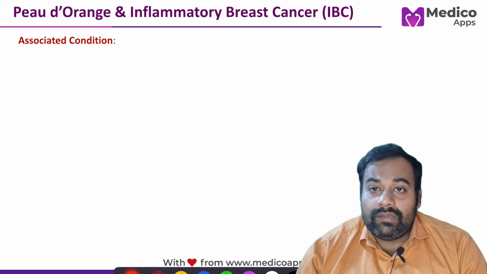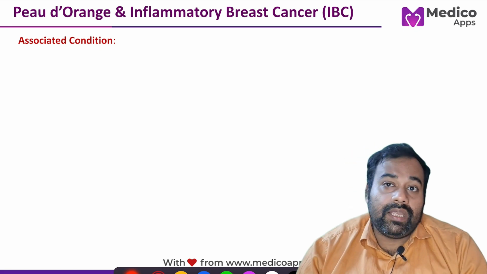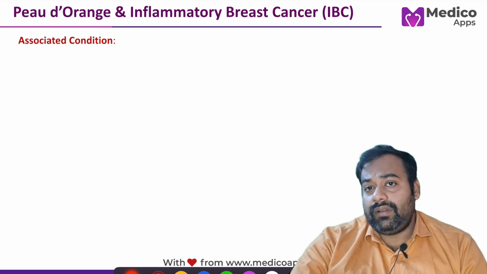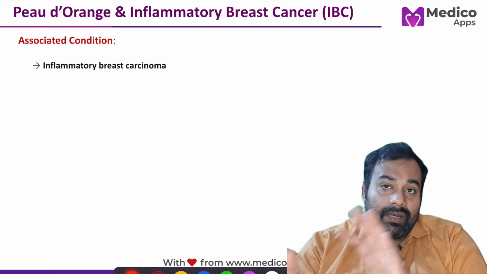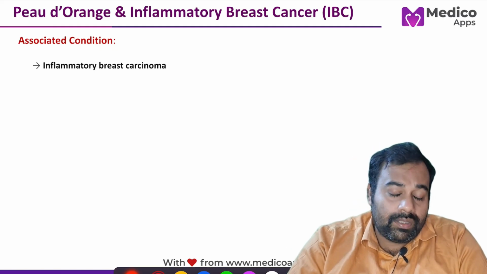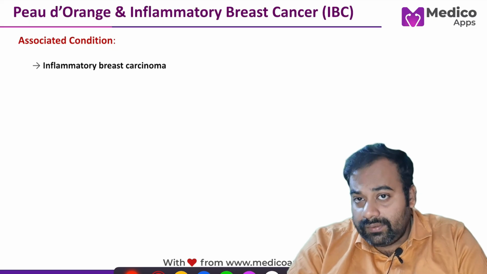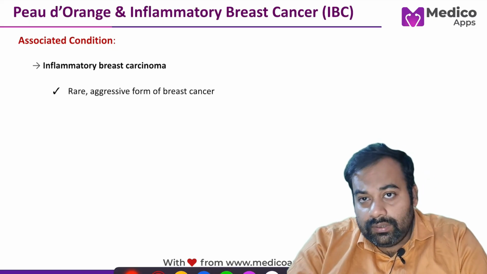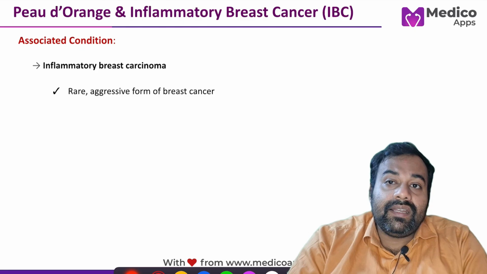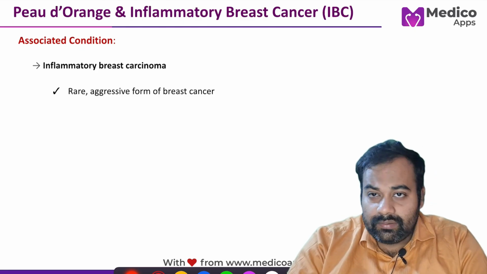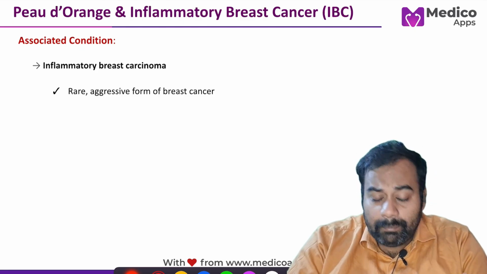Now, apart from the skin involvement, we can also see such cases with inflammatory breast cancer, where the Peau d'orange is present over more than two-thirds of the surface of the breast. It's a rare and aggressive form of breast cancer, associated with a very bad prognosis.